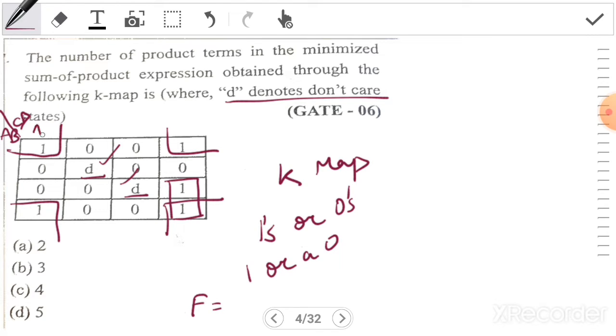So A complement B complement, A complement B, AB complement, AB. Okay, I wrote AB. So let us interchange this.